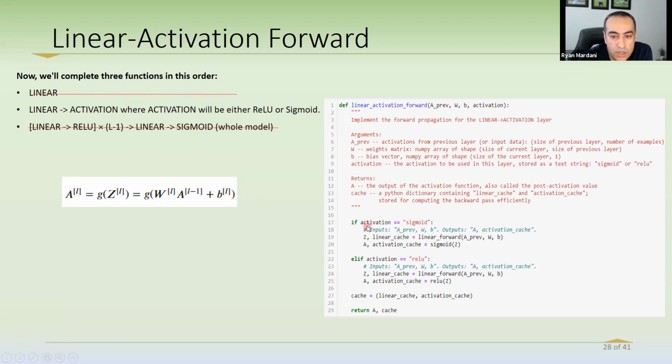If we call it sigmoid, it's going to use the sigmoid activation, or if we call it ReLU, it's going to be the ReLU function. It's totally up to us, but for the last layer, we should consider it must be sigmoid. Let's go for the last part.